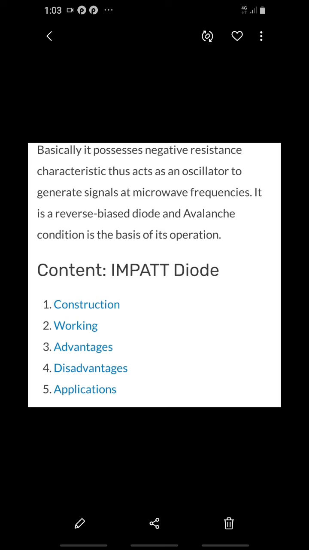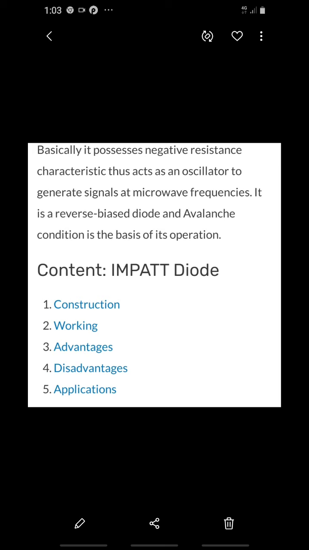Basically, it possesses negative resistance characteristics, thus acts as an oscillator to generate signals at microwave frequencies. It is a reverse biased diode and avalanche condition is the basis of its operation.